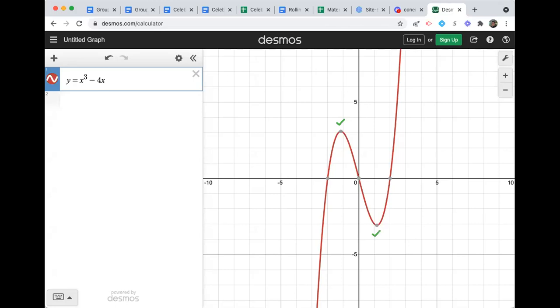According to the graph, what x values do those seem to be? Yeah, -1 and +1, right?